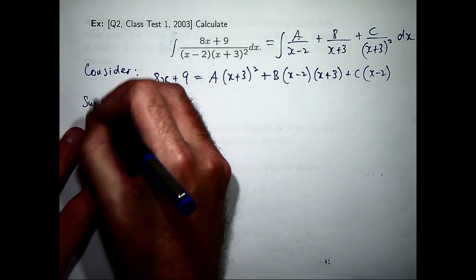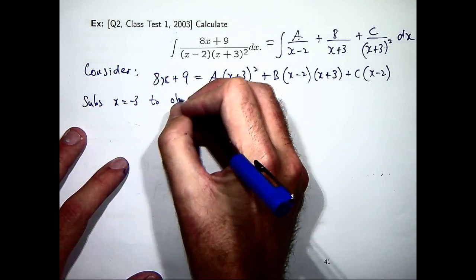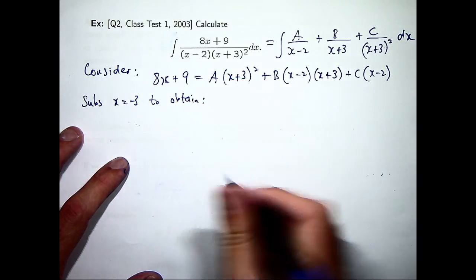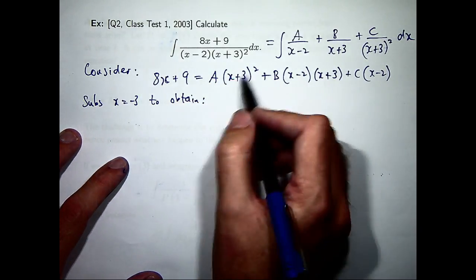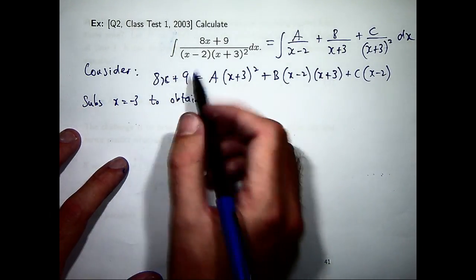So we're going to substitute x equals minus 3 to obtain the following. Well, that's going to be 0, that's going to be 0, this is going to be non-zero, and we can work out the following.